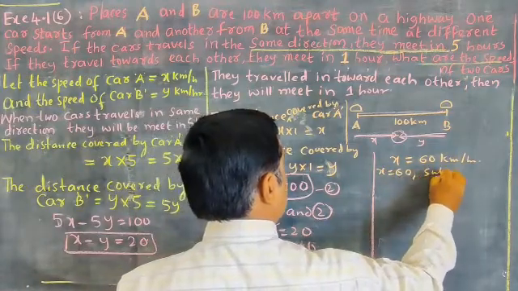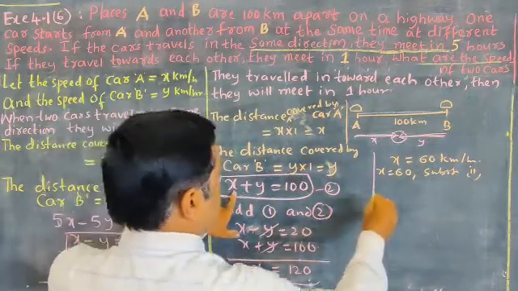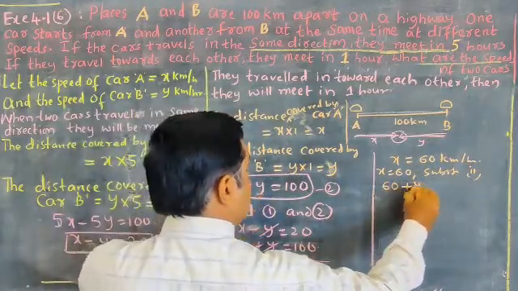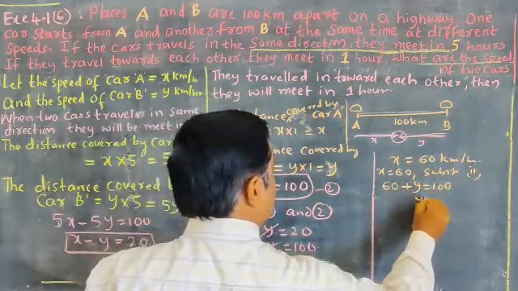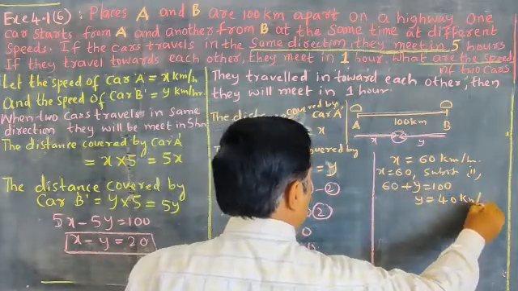Like that we are going to find the y value. x is equal to 60. Substitute in either the first equation or the second equation. I am substituting in the second equation. In place of x, 60 plus y is equal to 100. Then y is equal to 100 minus 60, we get 40 kilometers per hour.